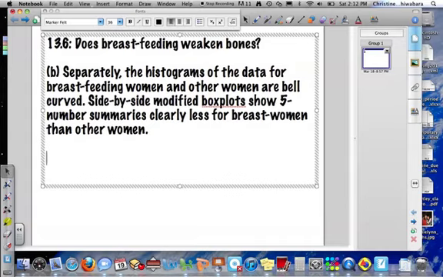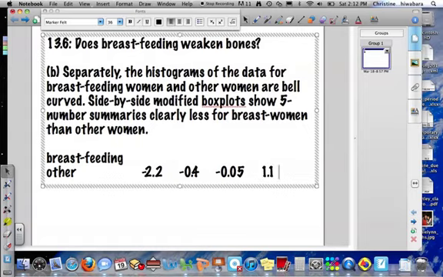So we have breastfeeding women in one row, and we're going to have other women in the other row. Okay, and I know that the min is negative 2.2. The quartile 1 for other women is negative 0.4. The median is negative 0.05. The quartile 3 is 1.1. And the max is 2.9.